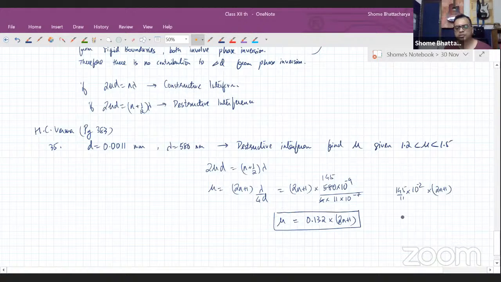Okay, now next what you do is you keep putting these odd numbers as 1, 3, 5, 7, etc. and see when you get something in between these two.